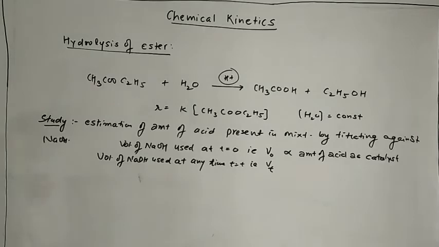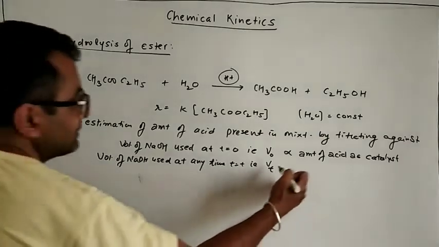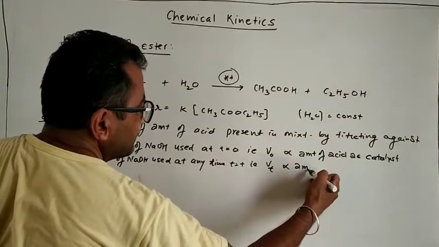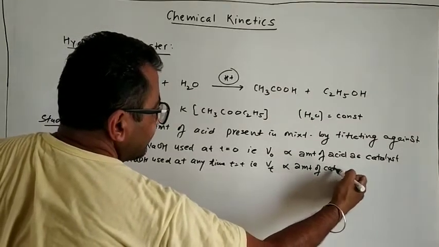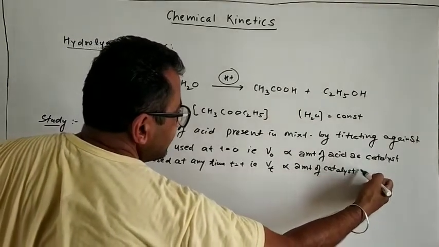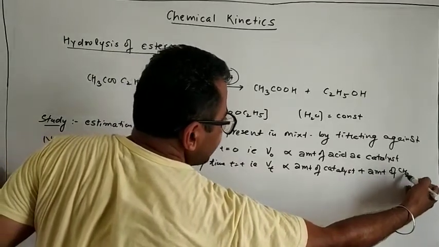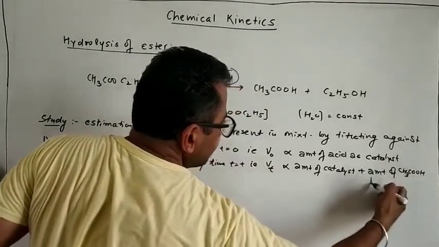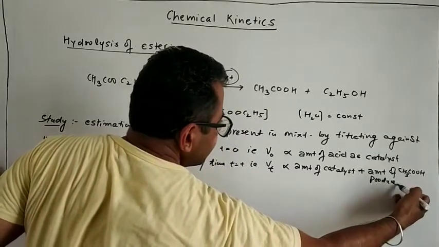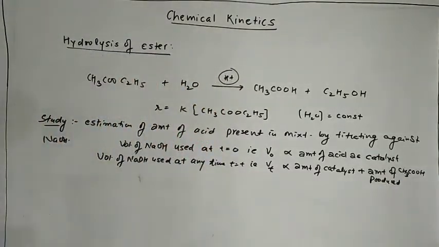That is directly proportional to amount of catalyst, वो तो है ही present पहले से, plus amount of acetic acid produced, दोनों के directly proportional होगा. Amount of catalyst plus amount of acetic acid produced, जो acetic acid इस रिएक्शन में प्रोड्यूस हो रहा है, दोनों की सम.